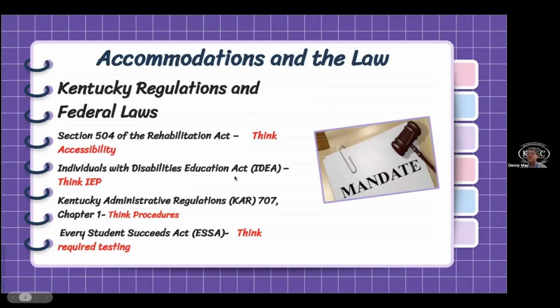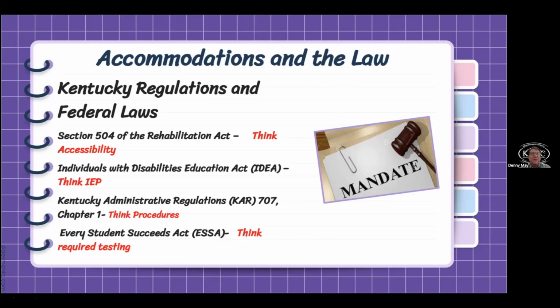So the first thing we're going to talk about today is Kentucky regulations and federal laws. We're going to start with the 1973 Act of Section 504, the Rehabilitation Act. Some people refer to it as the vocational rehabilitation law, and when you think about it, we want you to think about accessibility.